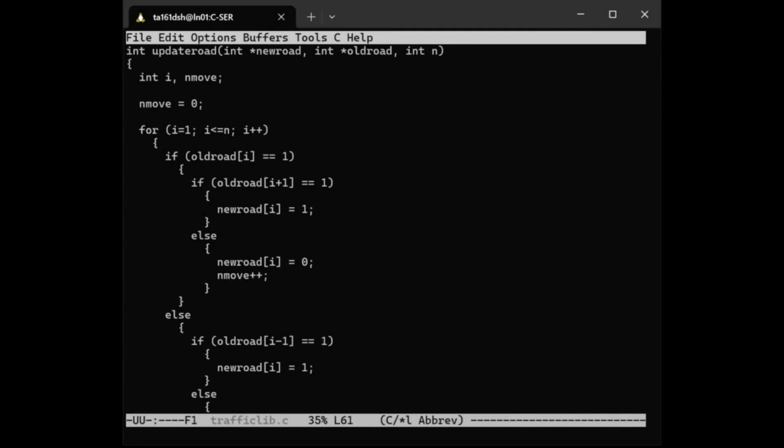And bizarrely, there is actually a Wikipedia page about it.